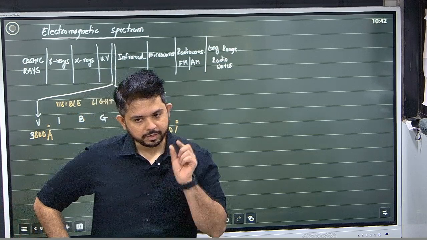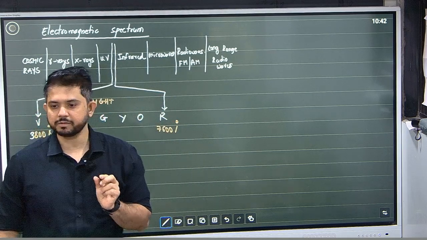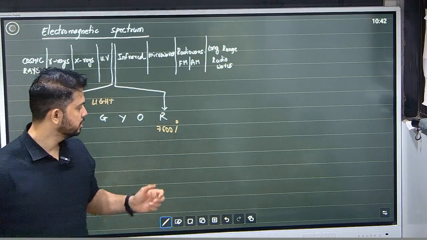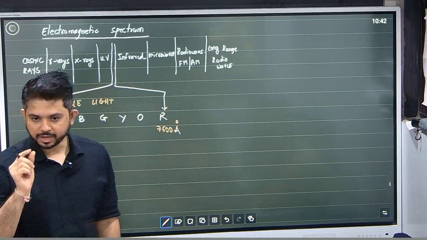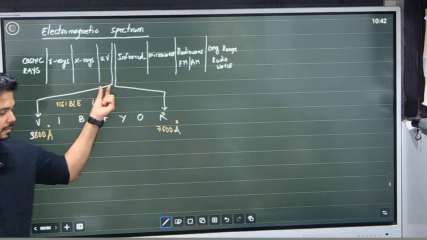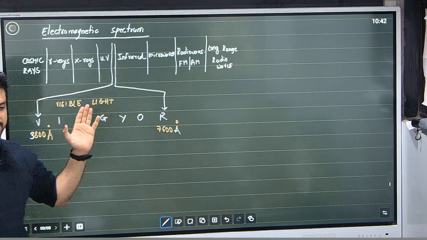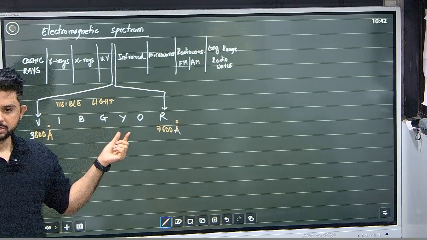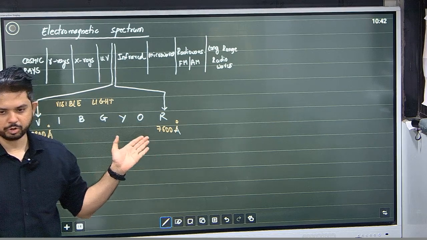Between UV and infrared is that very small part of the spectrum which is visible to us, the visible range, which goes VIBGYOR. You just have to remember the starting wavelength and the last wavelength of the visible range.